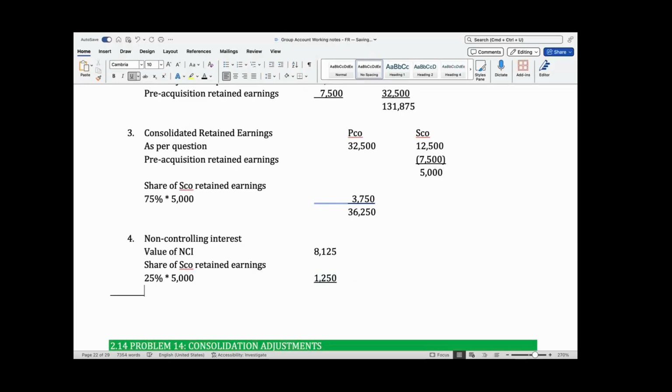Is it the parent's share in ESCO's retained earnings?